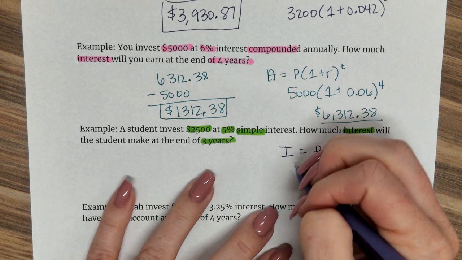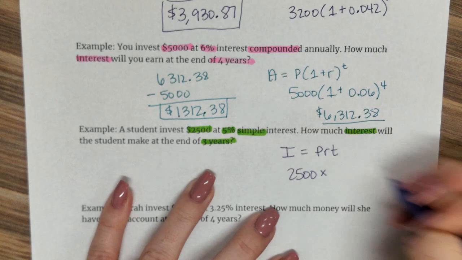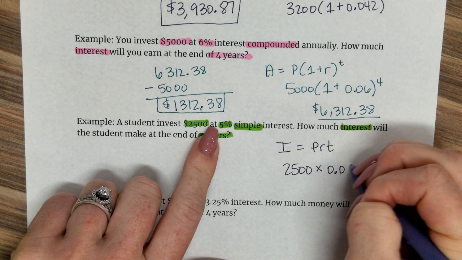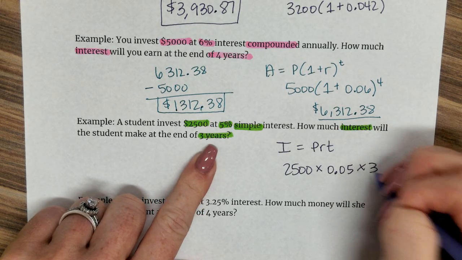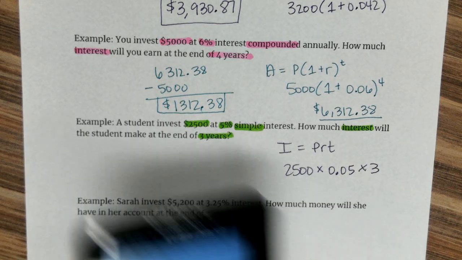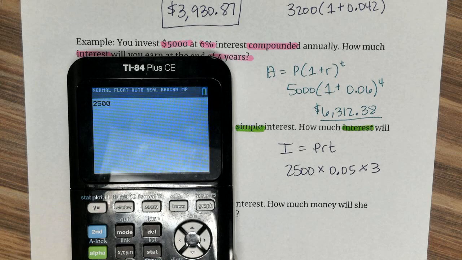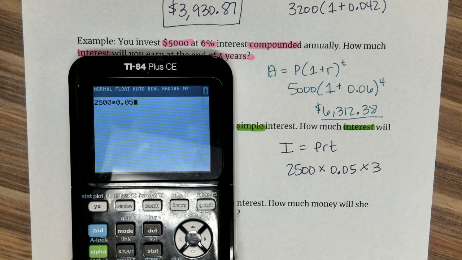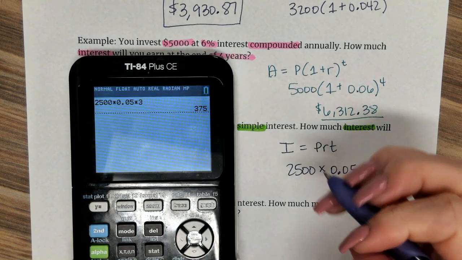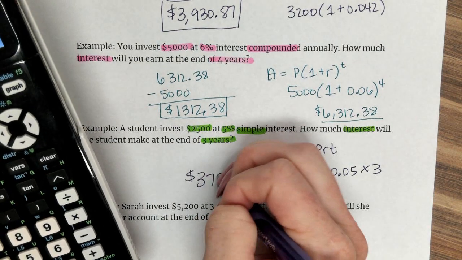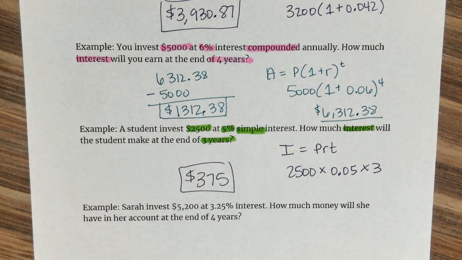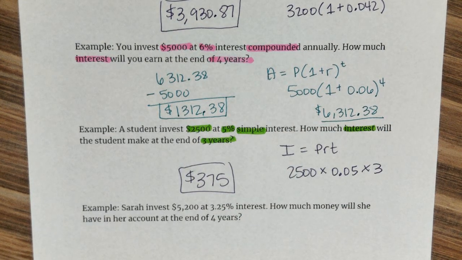So P, 2,500, times R, 0.05, times T, which is 3. And that's going to be my answer. $375. I do not have to go any further because it's solved for interest.